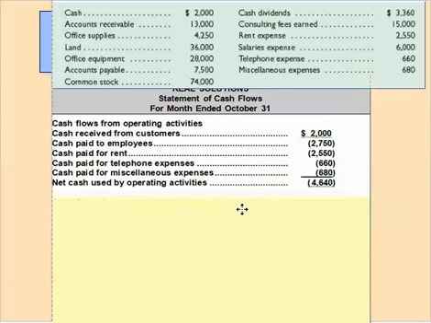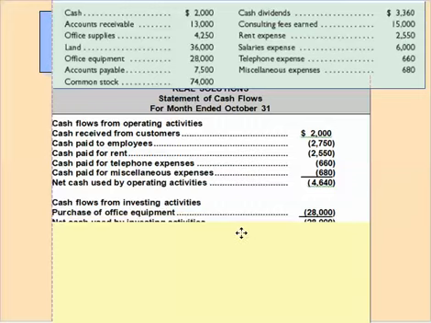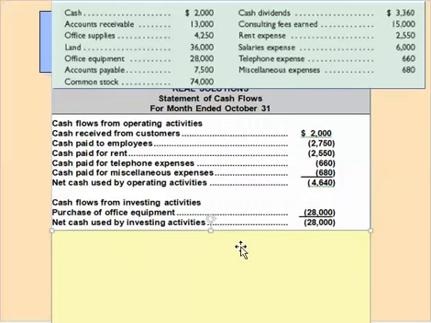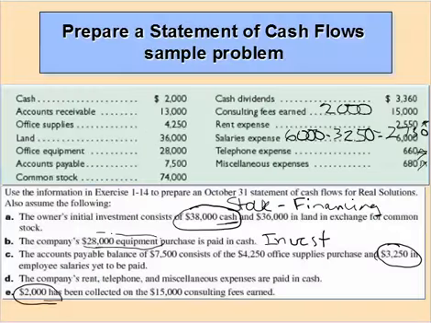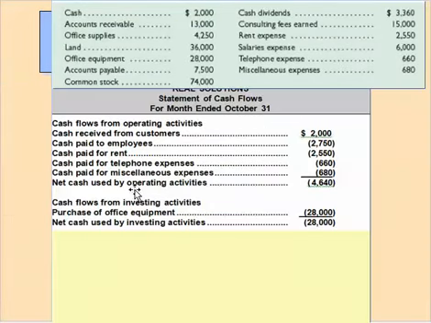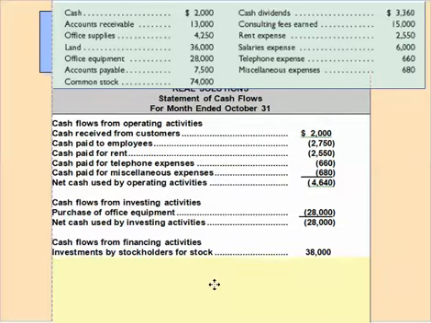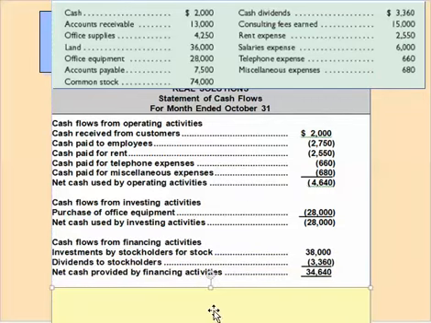Then we would list out our investing activities, which would deal with our long-term assets. And again, remember we bought some office equipment for $28,000. That was letter B here. And that was also an outflow of cash once we paid for that. And then we had some inflows of cash from financing activities, and I'll show you what those were.